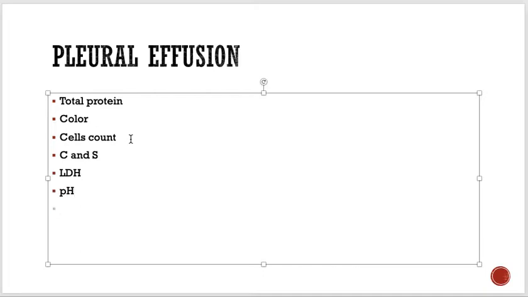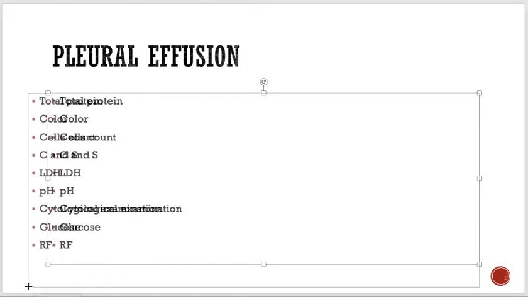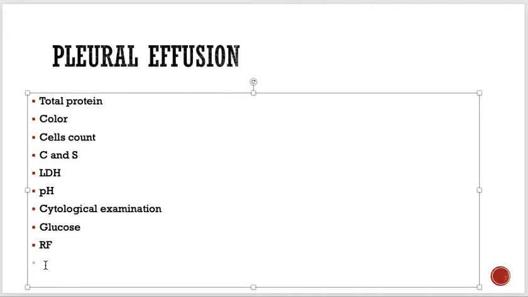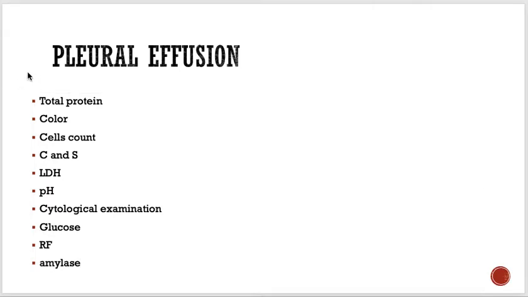They can see it under the microscope, or what we can say cytological examination can be done. They can measure the glucose in the pleural fluid. They can check for rheumatoid factor, for example, because rheumatoid arthritis gives lung problems as well. And they can check amylase, and run a lot of other tests. Okay, I think these are enough.